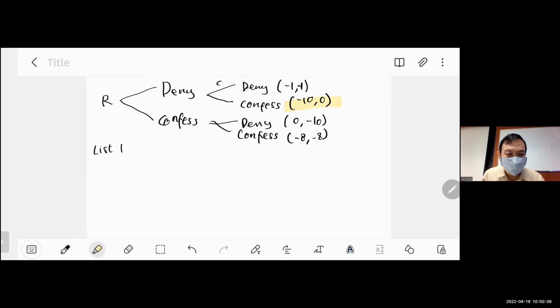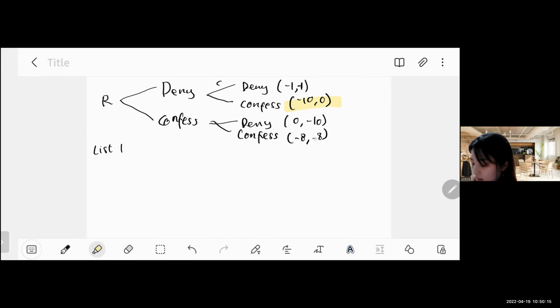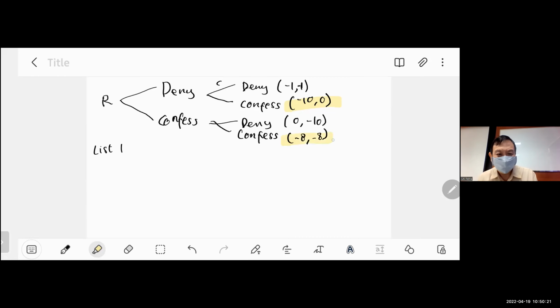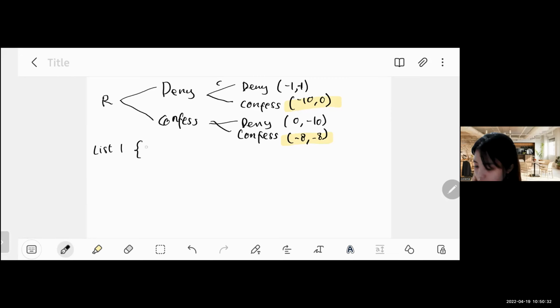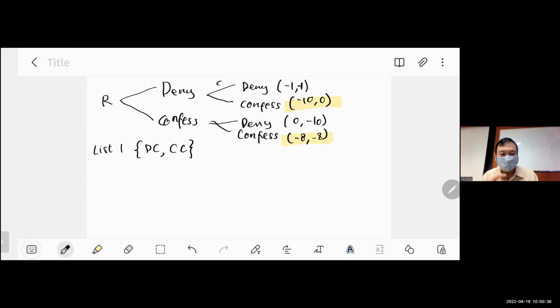And then if row selects confess, the column will select confess. Yes. So let's put that as DC and then CC. Okay, good.